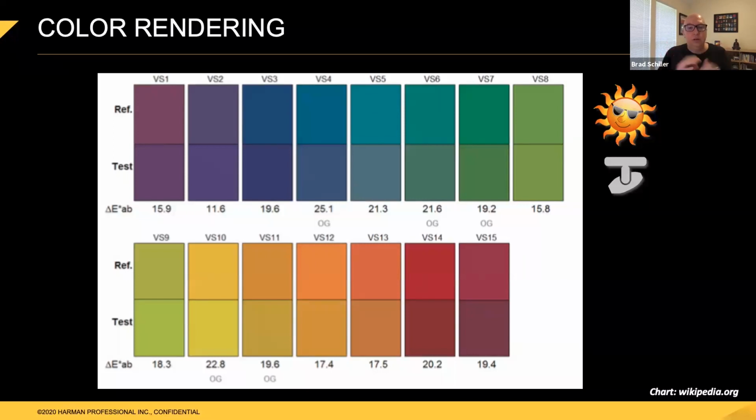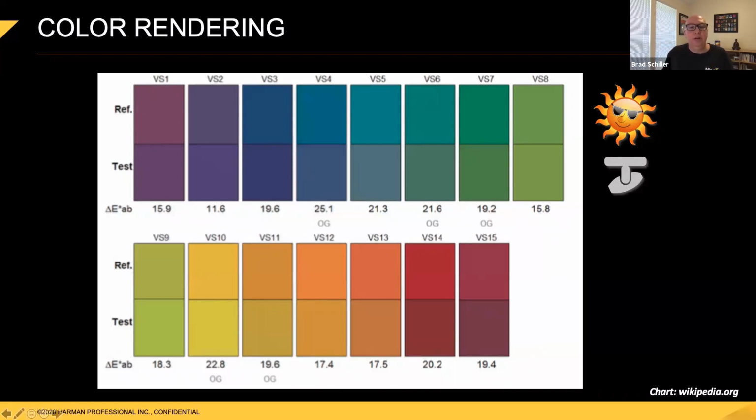They take a series of color chips, predetermined colors, as you see on the top row by the sun up here, and they say that is how those colors will render from a known subject that is full spectrum, like the sun or an incandescent lamp. So if I put this card out in the sun, this is how this color should look under the sunlight. Then you take your light source that you want to compare, say some moving light, and you illuminate the same chip, and you look at how close it is to matching that known source of the sun.